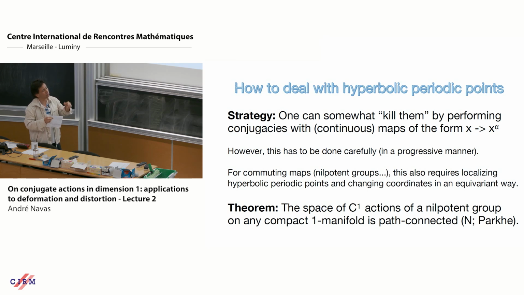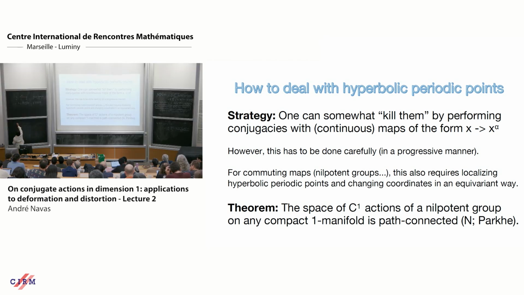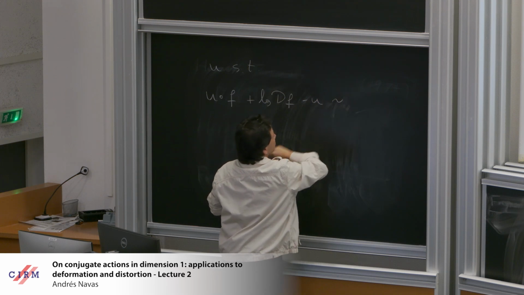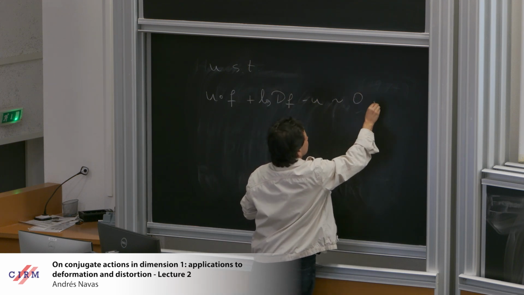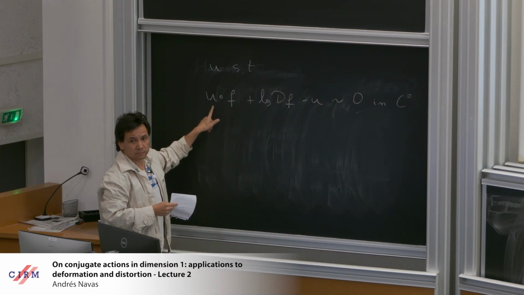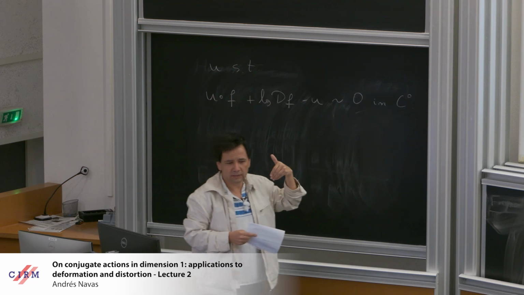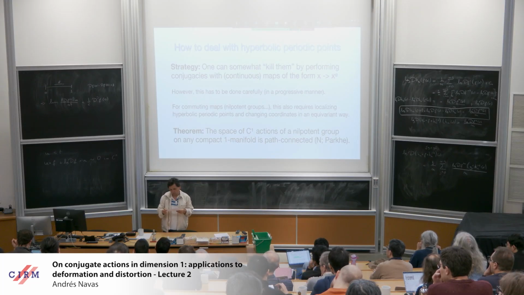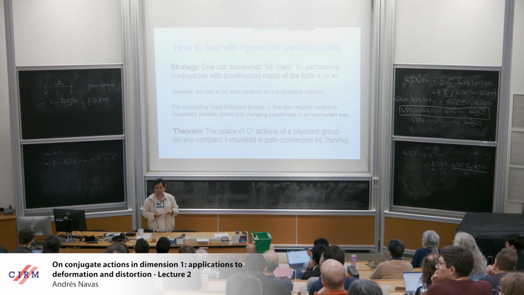So you are looking for an almost solution of the cohomological equation: you are looking for U such that U composed with F plus log dF minus U is close to 0 in C0 topology, but for which U is no longer a continuous function. But it is a function which is logarithmically integrable in a certain sense, okay? And this is the right way to think about this in order to perform this construction in a parametric way.